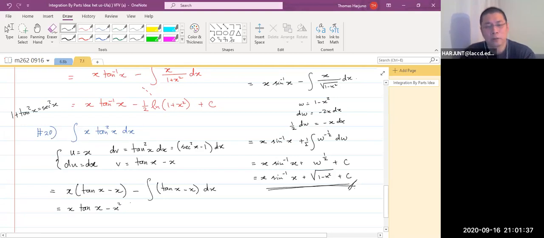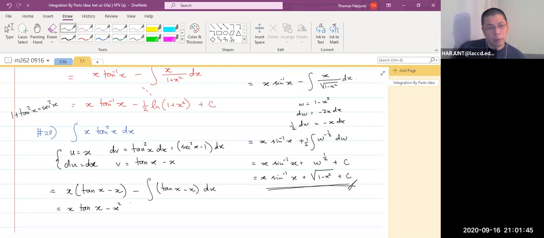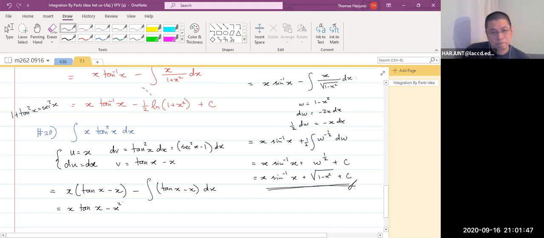What is the integral of tangent? Anybody remember what is the integral of tangent? This is negative natural log of absolute secant x plus 1/2 x squared plus constant.